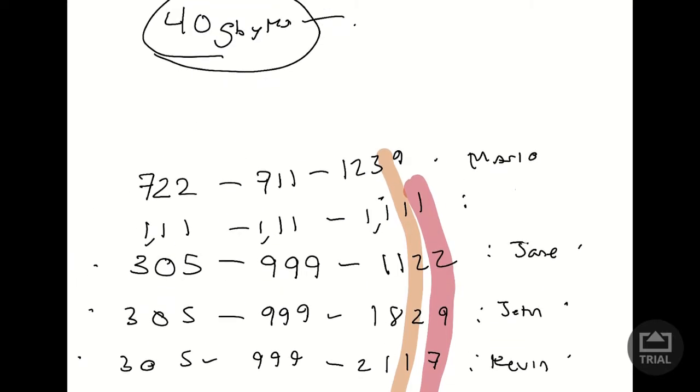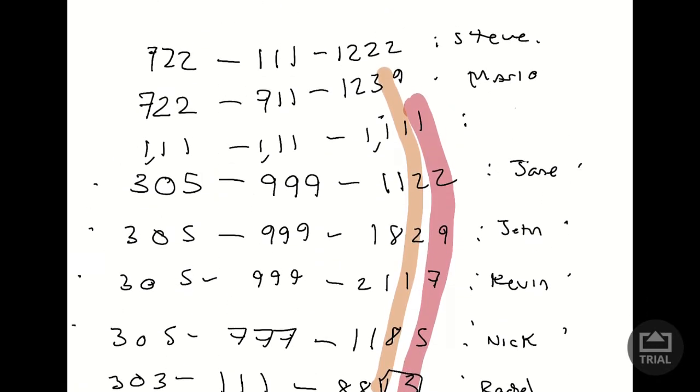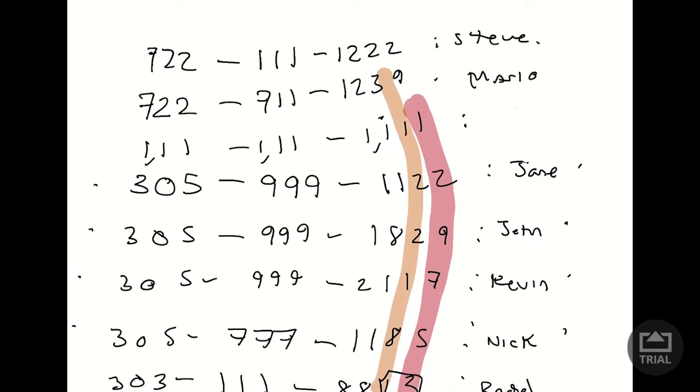Well, let's just say that we had somebody whose phone number was 722-111-1222, and this was, I don't know, Steve. All right. So in this case, this is an issue in our little theoretical solution.